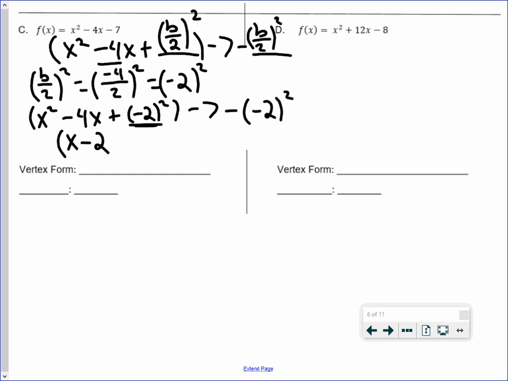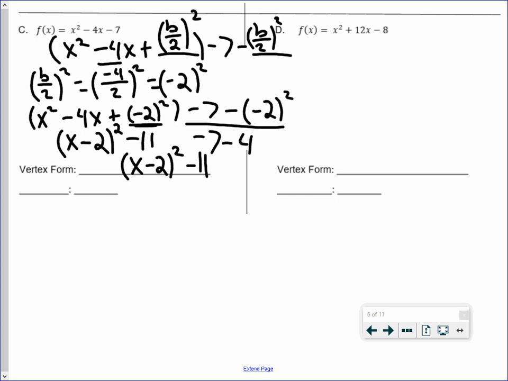This right here is our b divided by 2, the number we have before we squared. So x minus 2 squared, and let's figure out our k value over here. So we get -7 minus -2 squared, which is 4. So -7 minus 4, or -11. So our vertex form is x minus 2 squared minus 11.